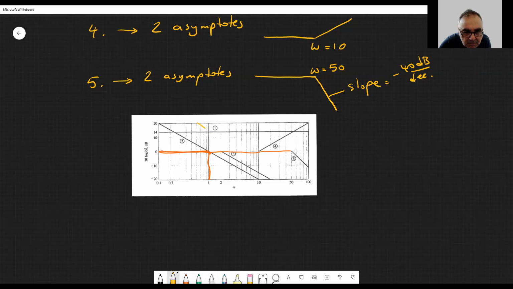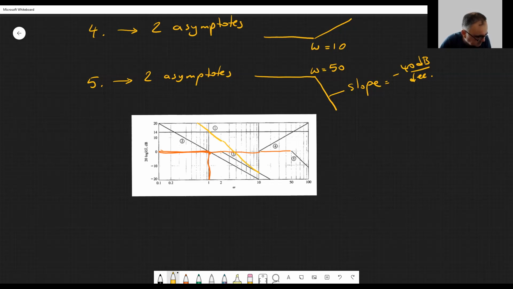It will be like this, up to here, and then this will go down a little bit more. The slope was minus 1, so the slope is going to be minus 2, up to here, I suppose.